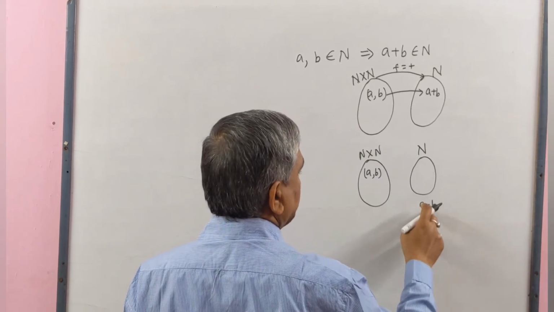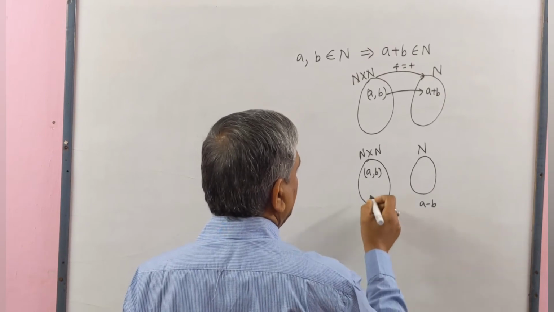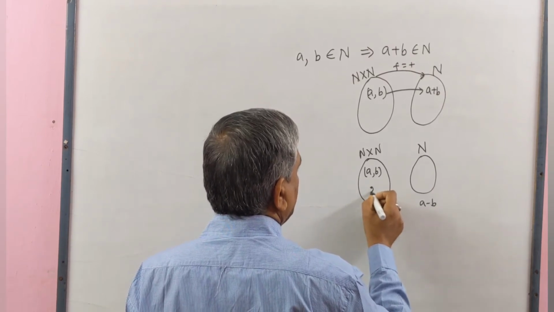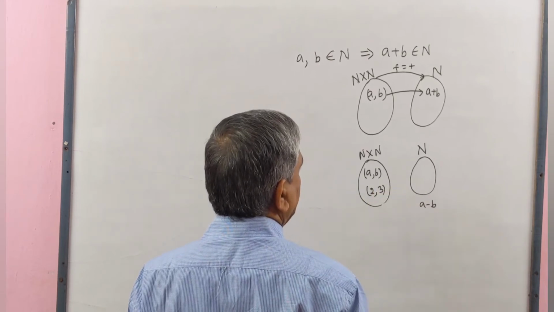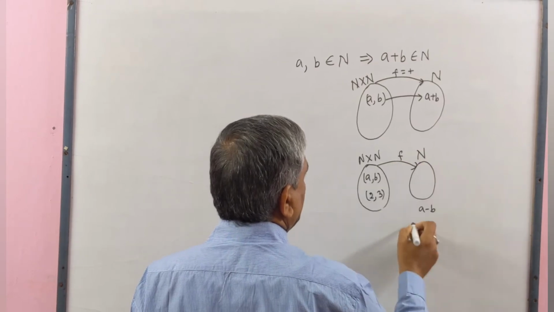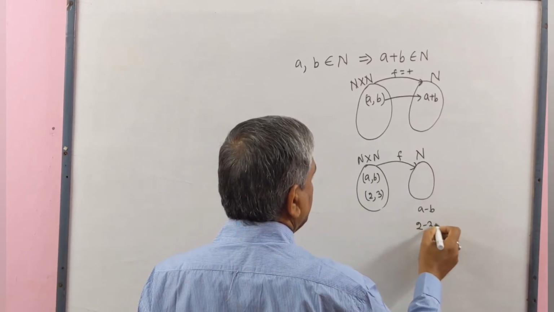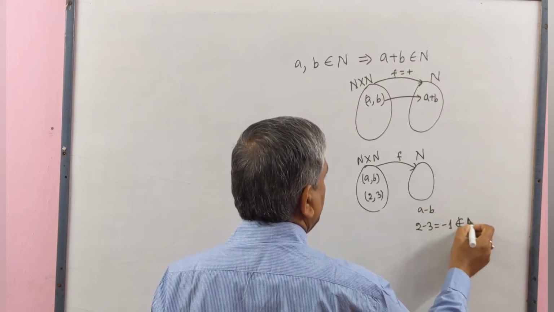This is not possible in each case. For example, if (2, 3) belongs to N cross N, then 2 minus 3 equals minus 1 does not belong to N.